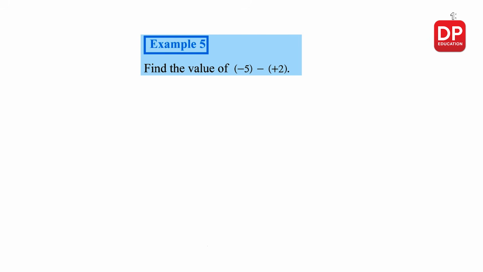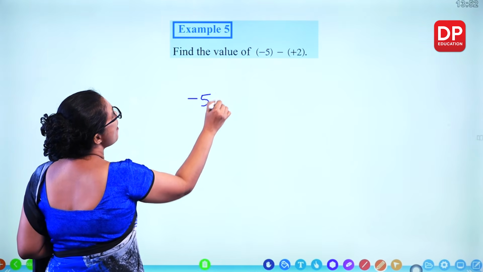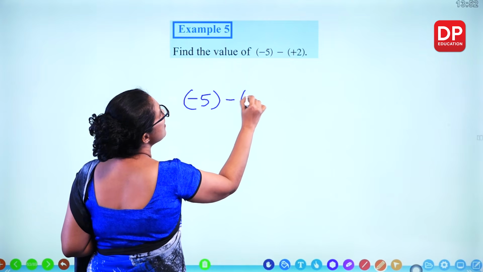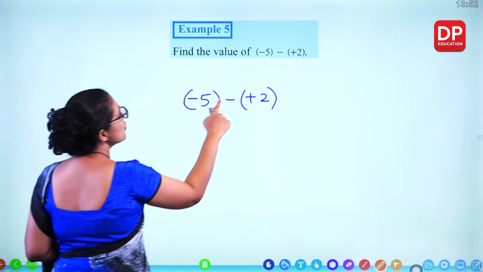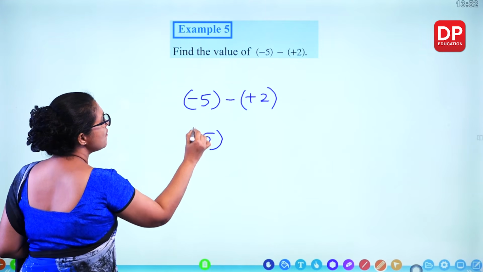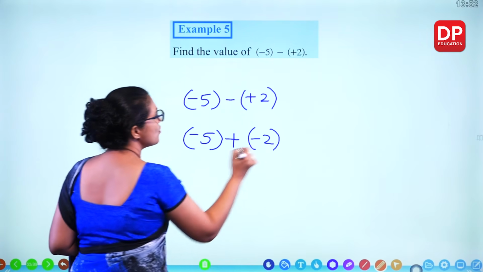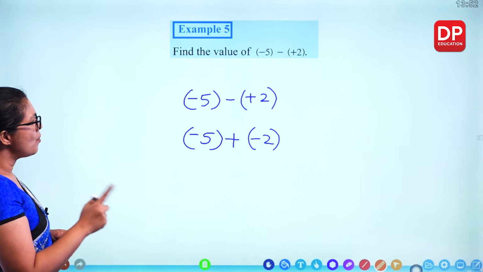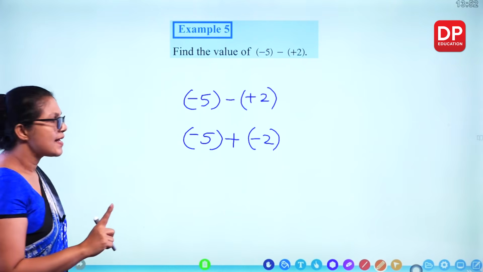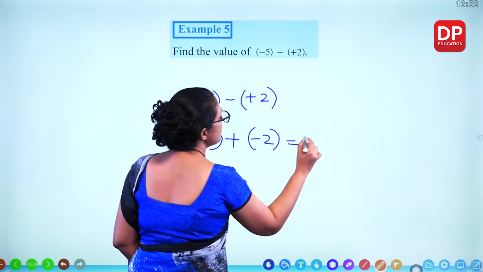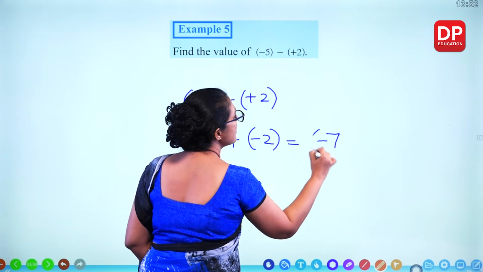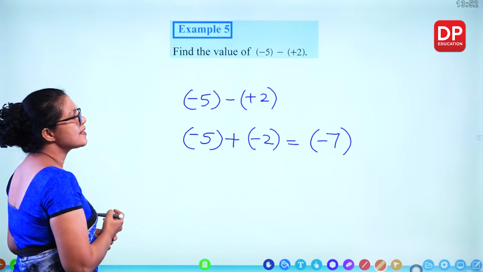Find the value of minus 5 minus plus 2. So convert this to additive inverse, adding the additive inverse of plus 2, that's minus 2. Now this is both minus addition, so just add it and put the sign. So you get minus 7.